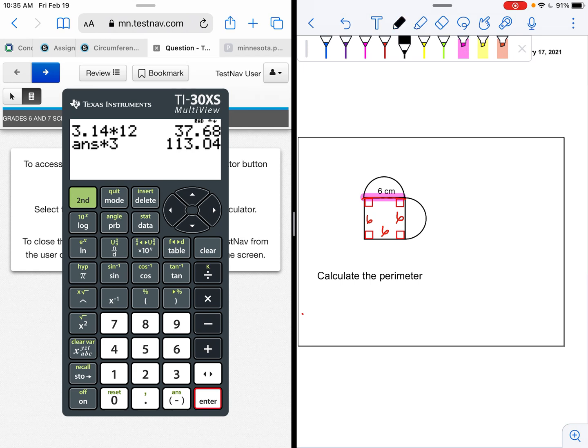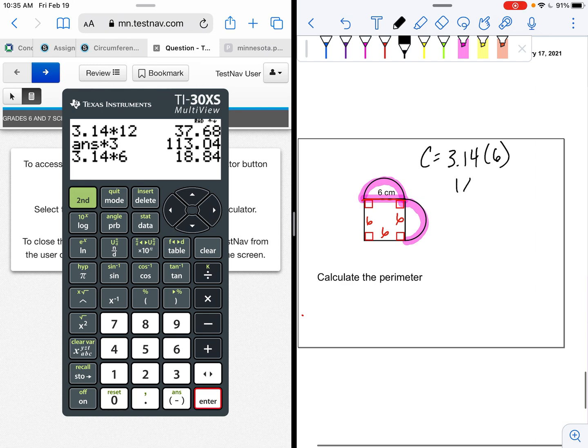So I know that in order to find this, I just have to calculate the circumference of a circle whose diameter is 6. So my circumference of that circle is pi times diameter. On my calculator, 3.14 times 6, it's 18.84 centimeters.